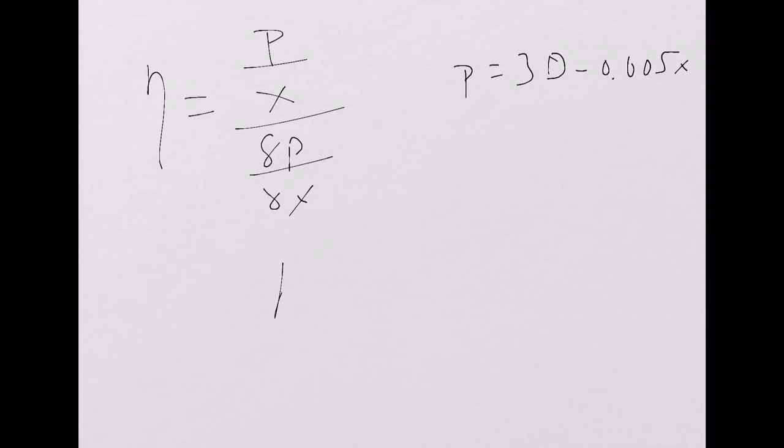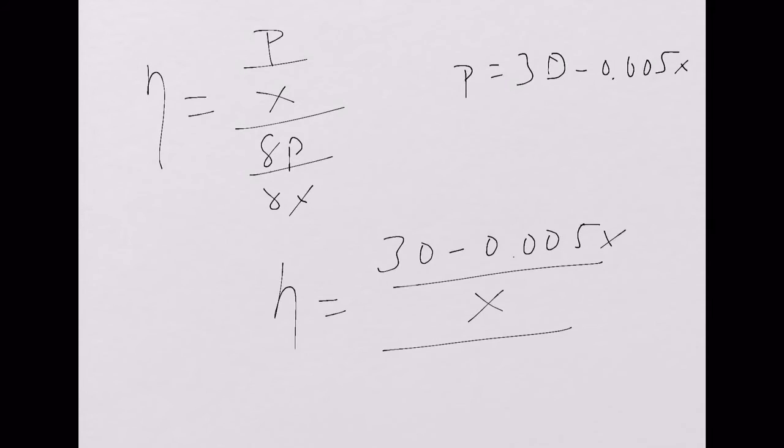So if I'm finding out the elasticity of it, I have this equation. I divide it by x, and then I also divide it by the derivative of p with respect to x, which would just be negative 0.005 for this one.